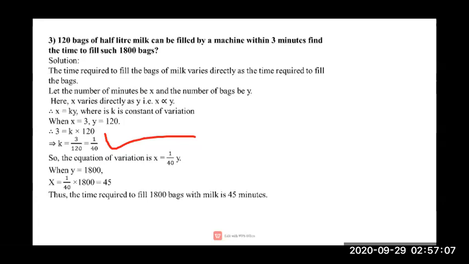This 45 is our x, that means minutes. So the time required to fill 1800 bags with milk is 45 minutes. I hope you have understood the third sum also.